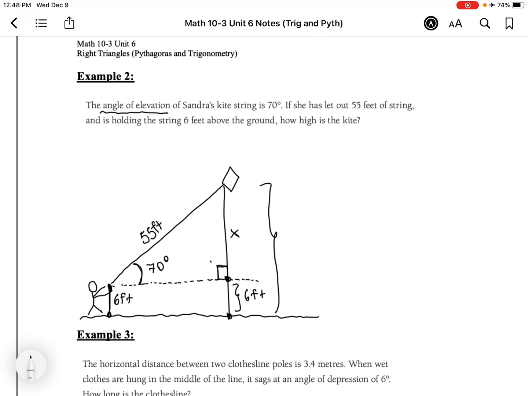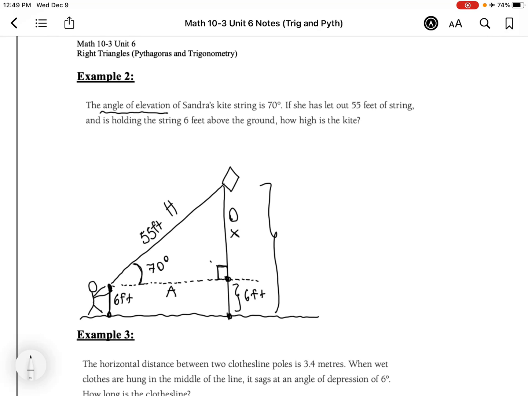I go across from it. This is my hypotenuse. To find my opposite side, I start with the angle I'm using and I go across from that. That's my opposite side. And then the one that's missing is my adjacent, the one that's beside the angle that's not the hypotenuse. So I've labeled my triangle.